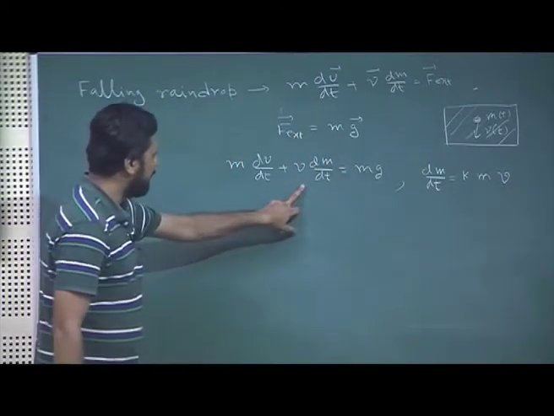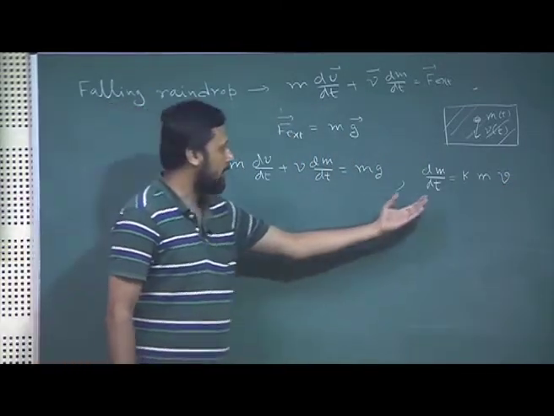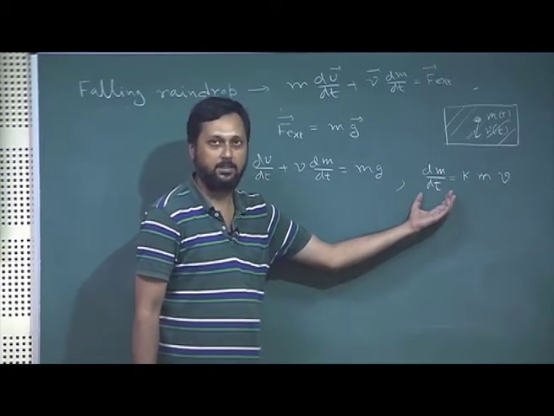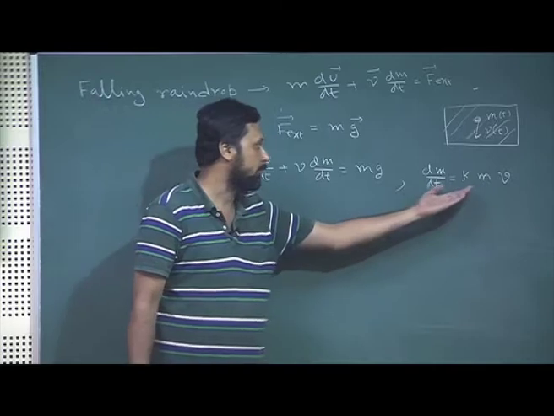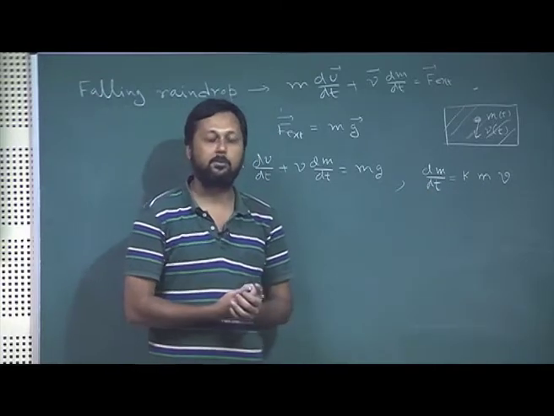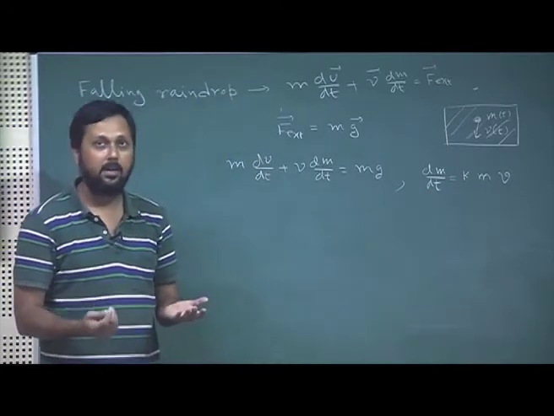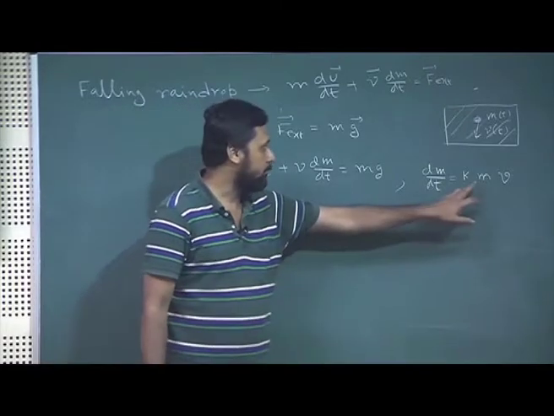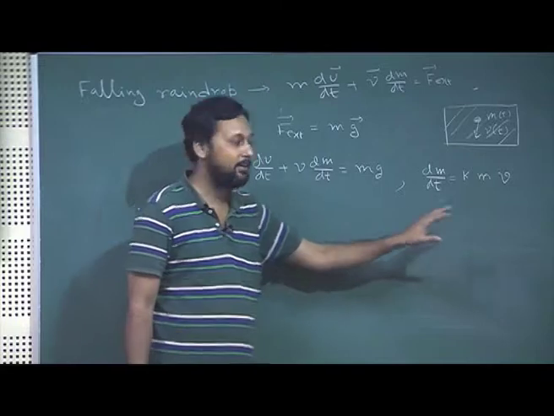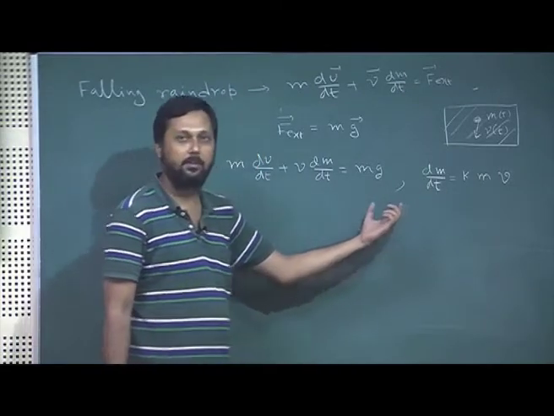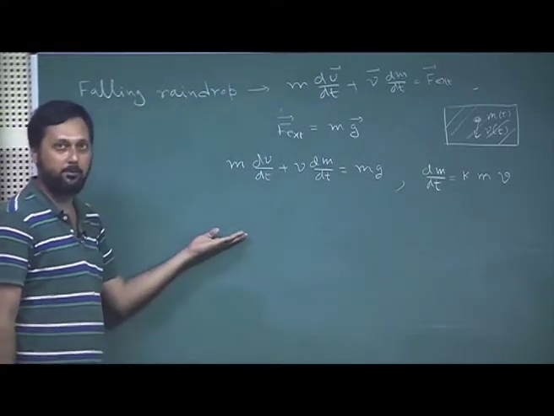Plug it back into this equation. We have to have some model for this mass change. We will take up another example where it could be proportional to instantaneous volume, or to instantaneous surface area. In this case, it is proportional to instantaneous mass times instantaneous velocity. Unless we have a specific model for dm/dt, we cannot solve this type of problem.